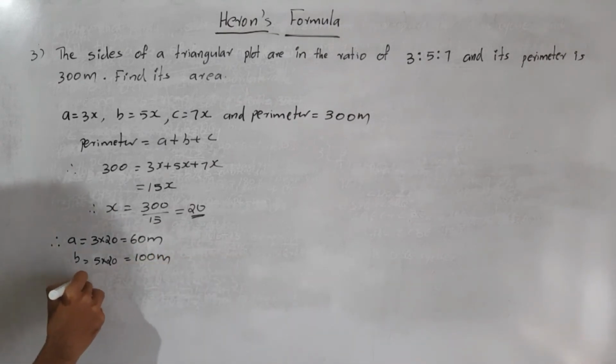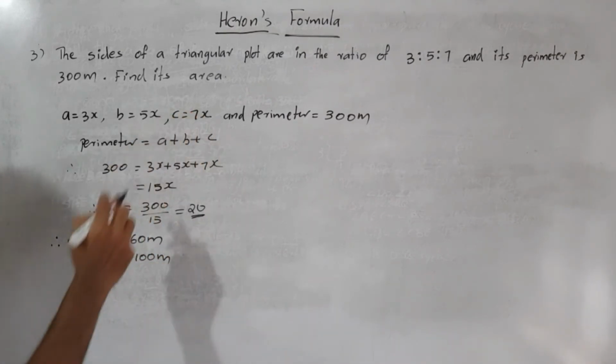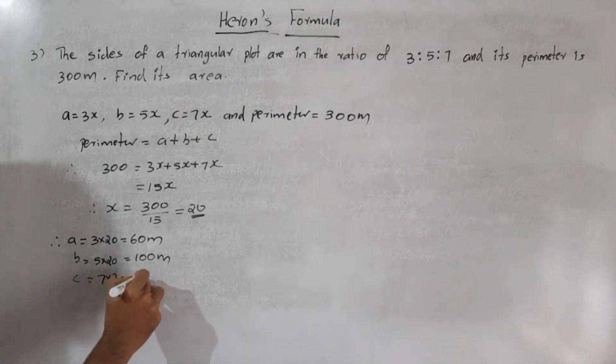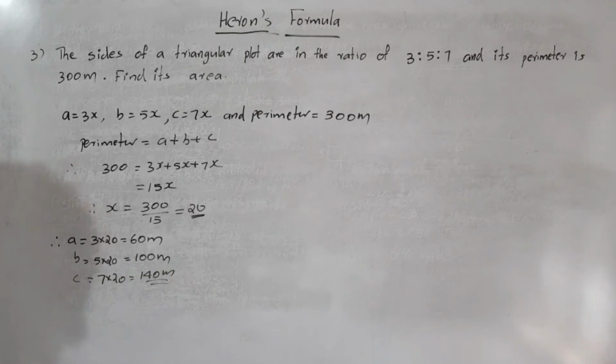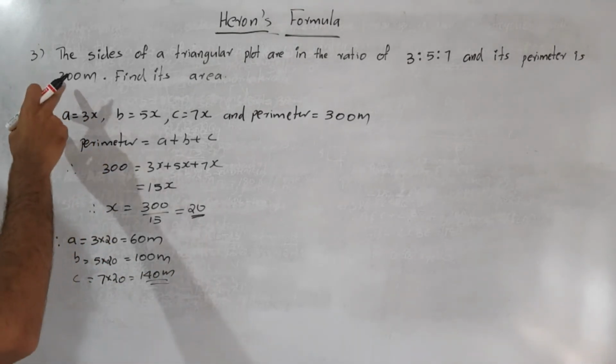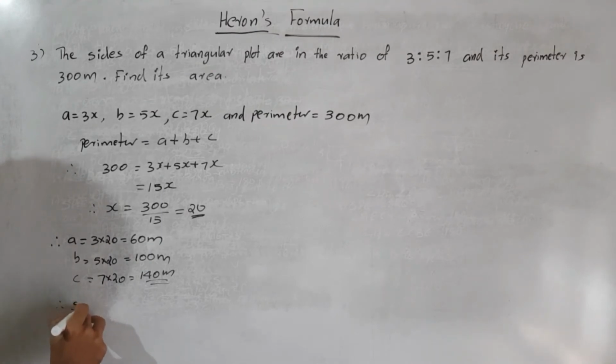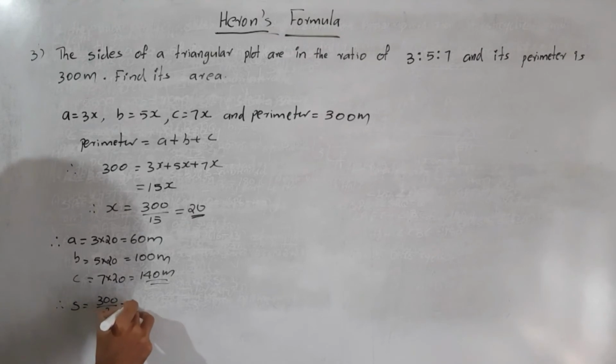And C is equal to, yes, 7x means 7 into 20 is equal to 140 meter. And it is given directly what is the perimeter. Perimeter is 300. Therefore S is equal to 300 by 2 is equal to 150 meter.